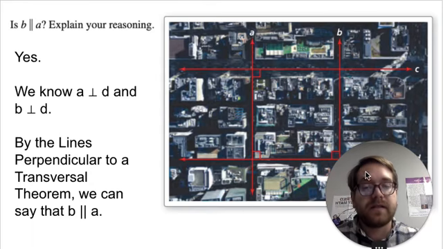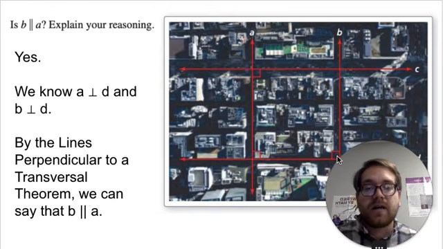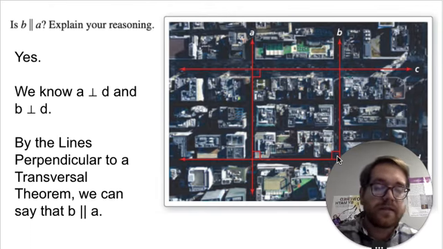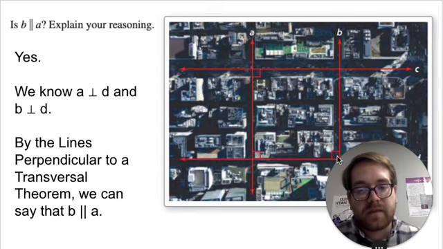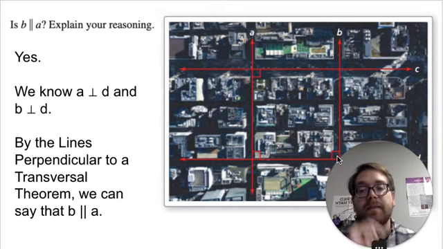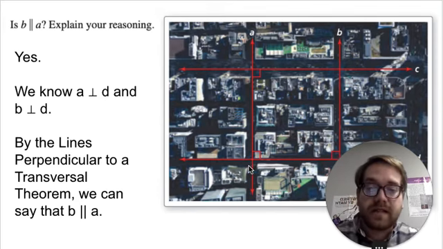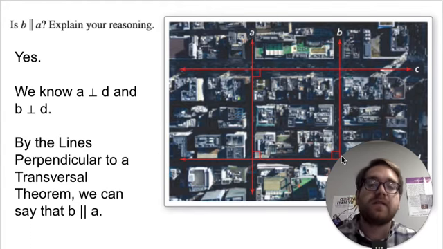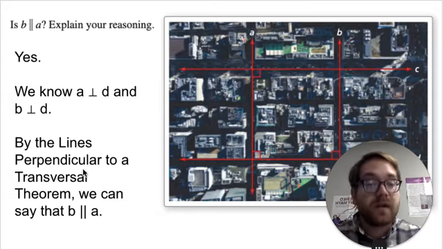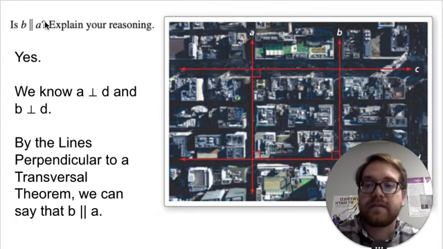I have two lines perpendicular to the same line D. You may not know off the top of your head that two lines perpendicular to the same line must be parallel, but you can identify from this figure that A is perpendicular to D and B is perpendicular to D. If I look through my theorems, the theorem says they'll be parallel to each other. So yes, B and A are parallel to each other.